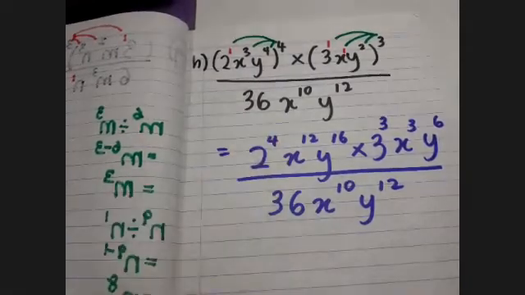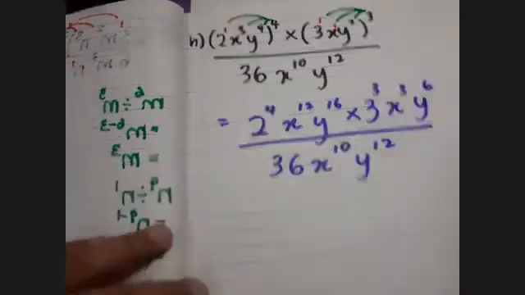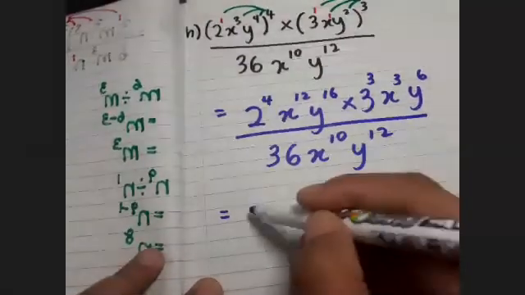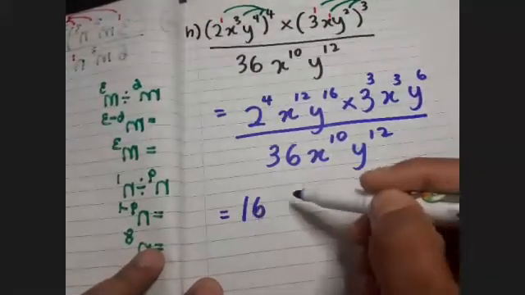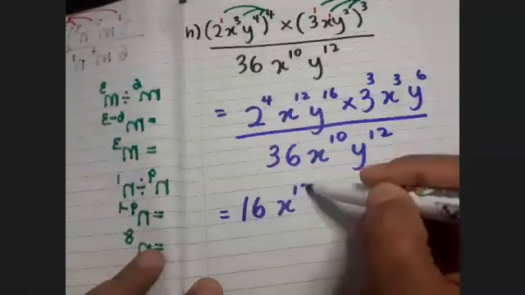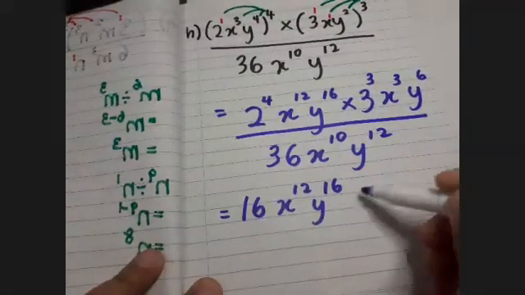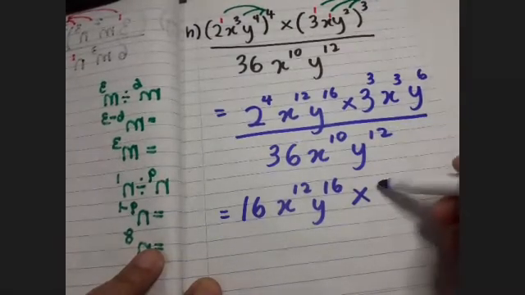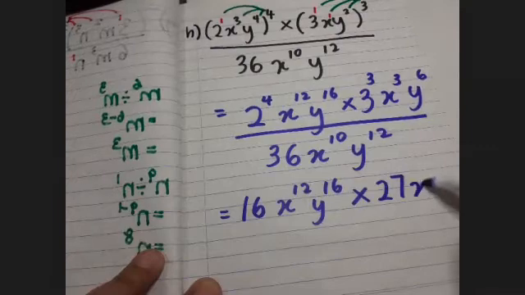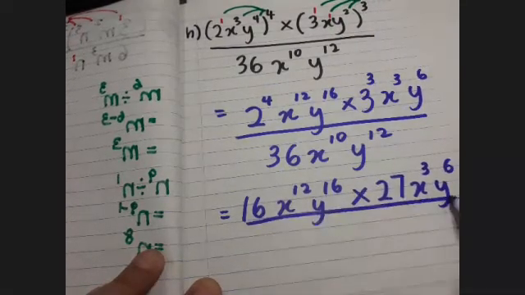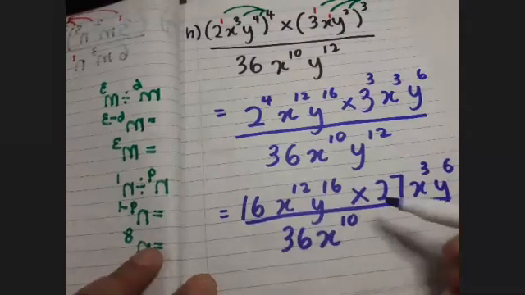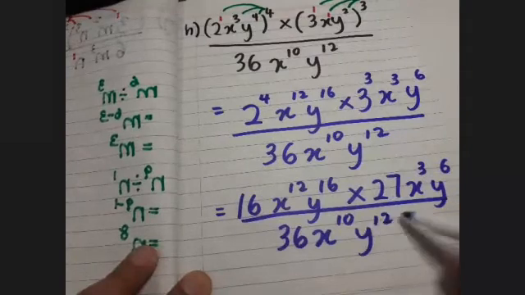What is the value of 2 power of 4? 2 power of 4 is 16. X power of 12, y power of 16. Multiply 3 power of 3. This is 27. X power of 3, y power of 6. Over 36, x power of 10, y power of 12.